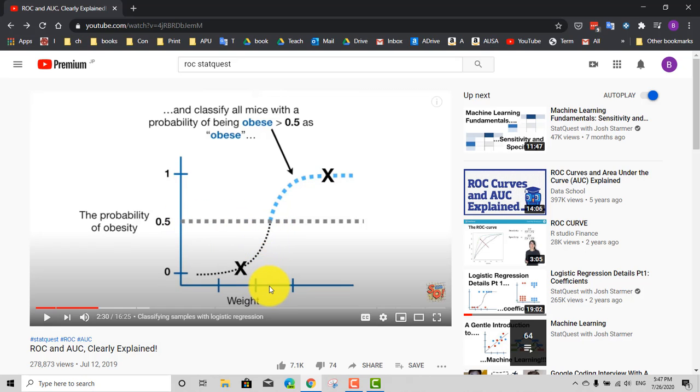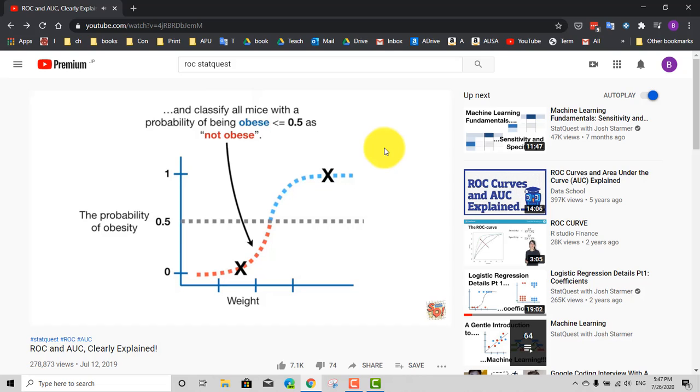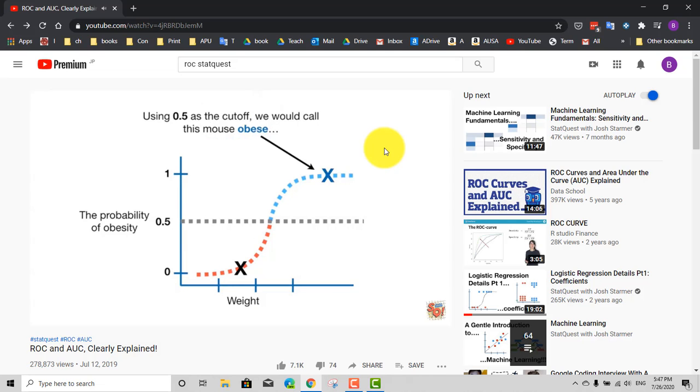Anything that's to the right of this weight is going to be up here, and so it's going to be classified as obese. And classify all mice with a probability of being obese less than or equal to 0.5 as not obese. Using 0.5 as the cutoff, we would call this mouse obese, and this mouse not obese.